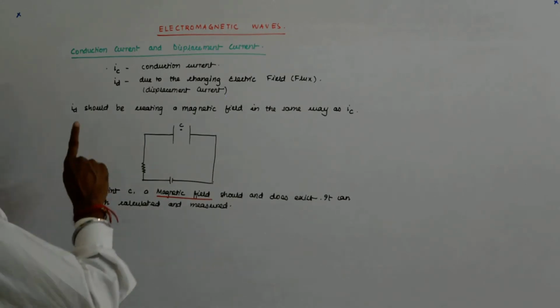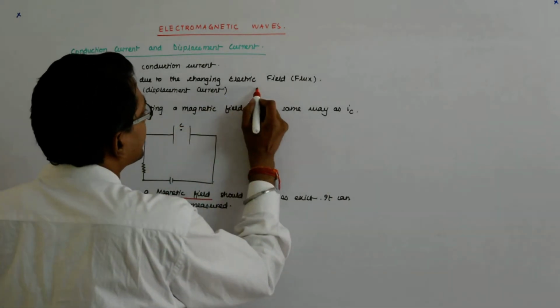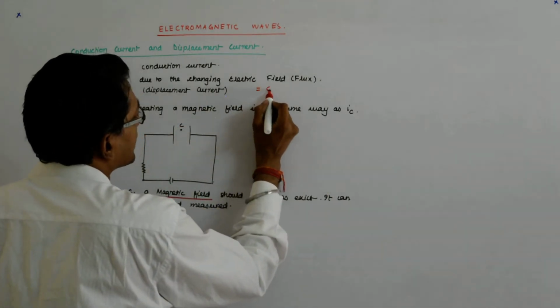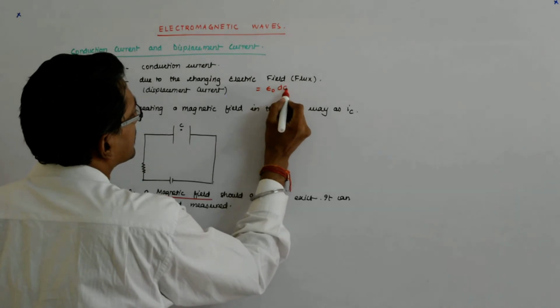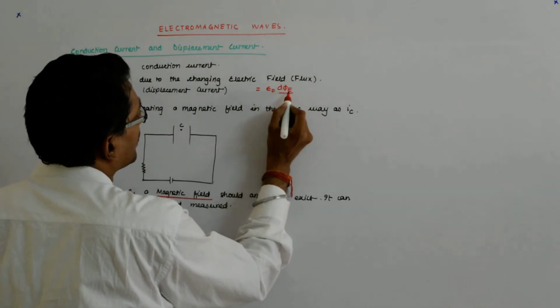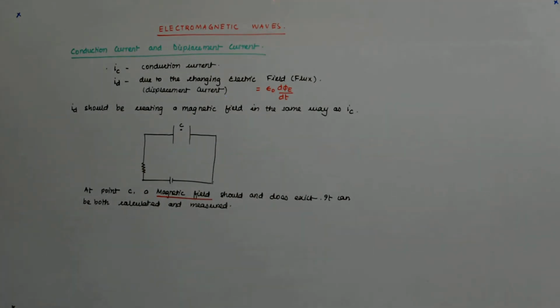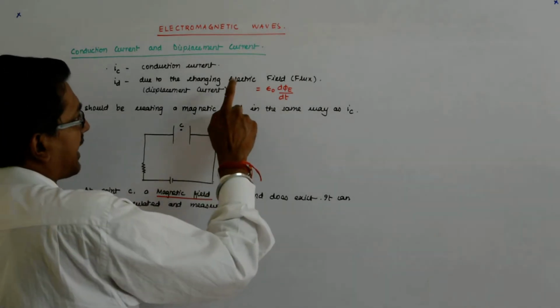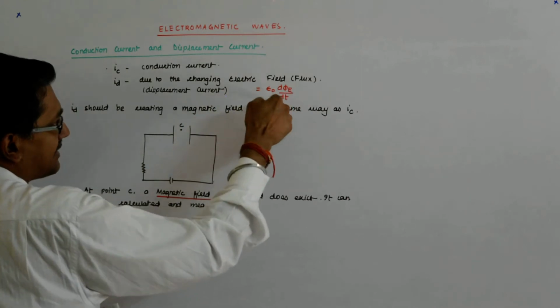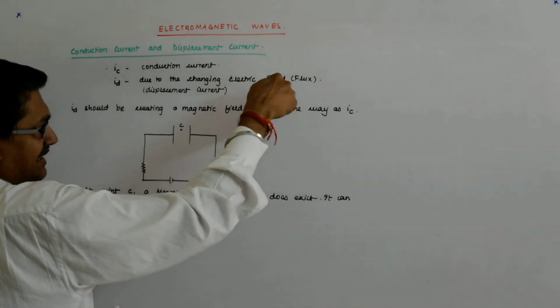Now we know that this is equal to how much? Epsilon naught d phi e upon dt. This d phi e upon dt, so it will survive only as long as this has a value.